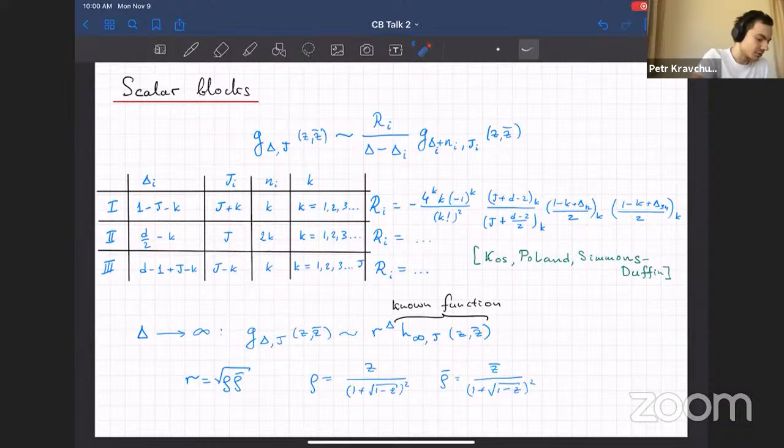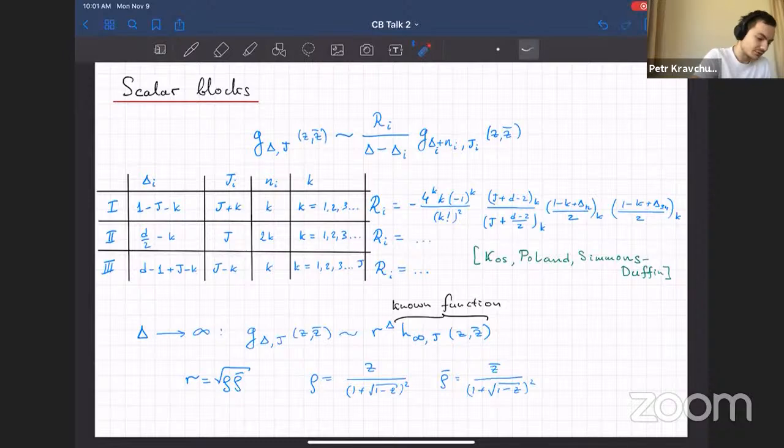But in any case, there is a classification of these poles for scalar conformal blocks, and the explicit residue matrices are known. And the way it's used is as follows. You first observe that at large delta, the conformal blocks have this behavior.